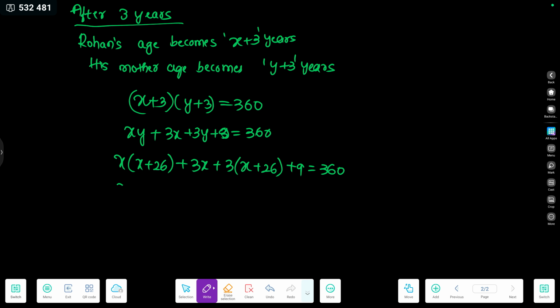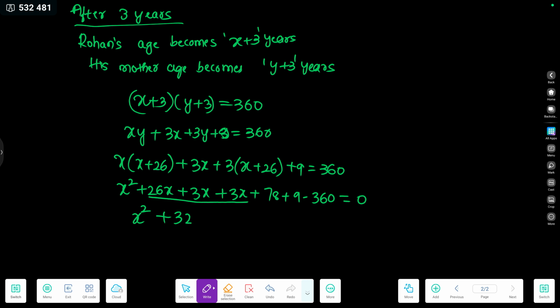Now x into x is x square, this is 26x plus 3x plus 3x, and 26 into 3 is 78. This is x square as it is. Now add all the x coefficients. 78 plus 9 is 87. Yes or no?